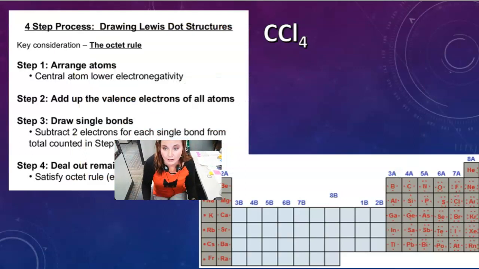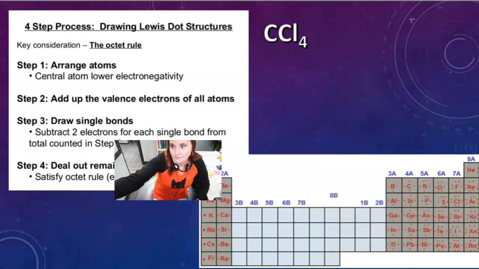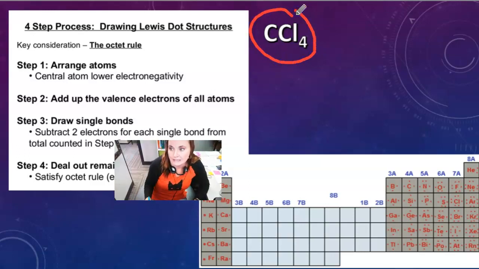Okay, so we're drawing Lewis dot structures for molecules. CCl4 here. Carbon tetrachloride.